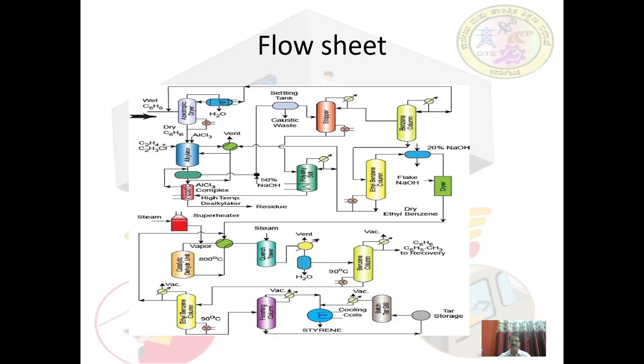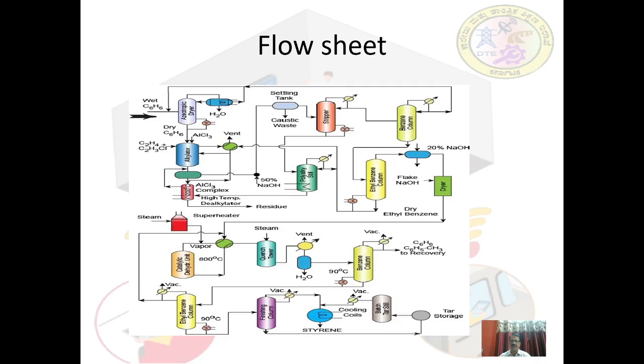The ethyl benzene also contains unreacted benzene. The unreacted benzene is separated in the benzene column from ethyl benzene, which is taken as a bottom product and sent to the ethyl benzene column.